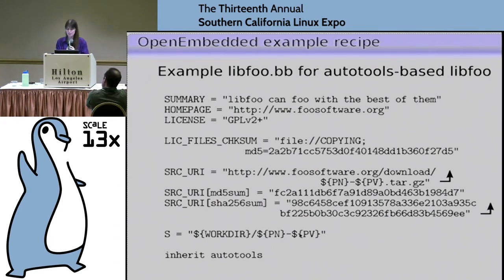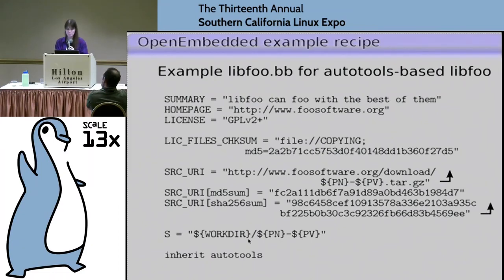PN stands for package name, PV stands for package version. And these things are actually inferred by bitbake based on how you name your recipe. That's a little fun trick that they actually took from the Gentoo ebuilds, I think.